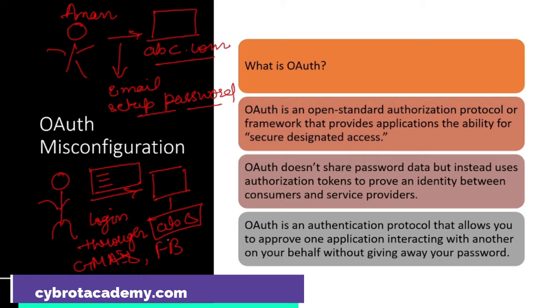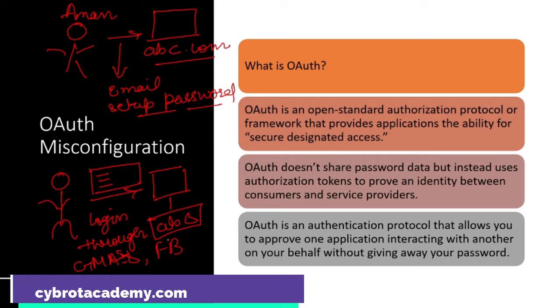But for an overview, abc.com will ask Google, hey Google, do you know Aman? Who is this guy? If the user is already authenticated in that particular browser, and from that browser he is going to sign up in abc.com, then Google will transfer their credentials or details to abc.com, and Google will say, yeah, I know Aman, he is my user, and on the basis of those details Aman will be signed up in abc.com.